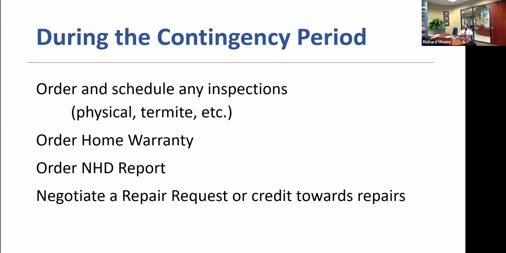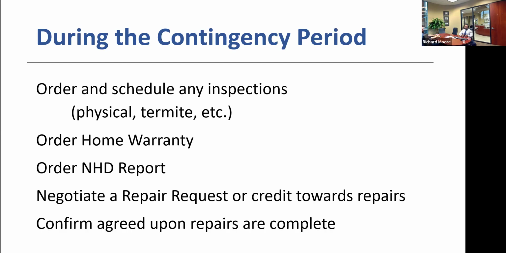You say, okay, we'll accept that, or here's request for repairs number 2, since you denied that one. It can go back and forth, though in most cases I see the seller just says, I'll give you a $5,000 credit, then close escrow, for repairs, or whatever it is.